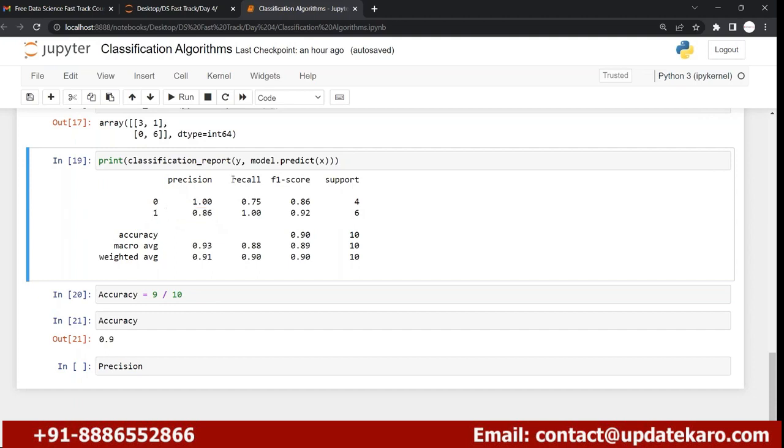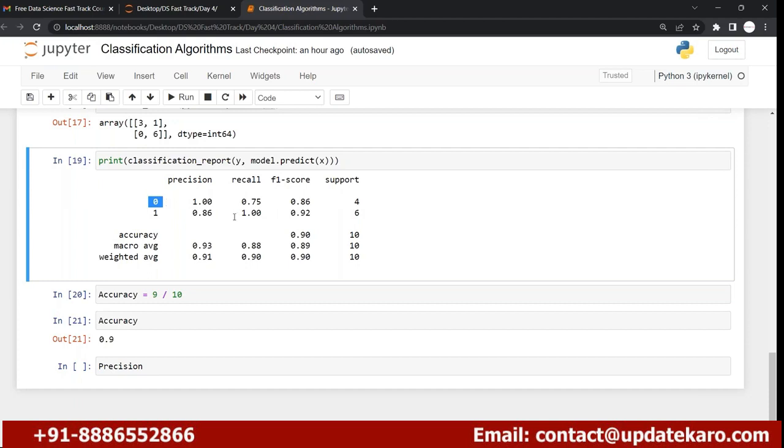What about the recall? Basically, recall just measures the completeness of your predictions, which means that here you can see we got 0.75 as a recall, which means that 75% of your class 0, the model is able to find out, the completeness of your class 0.